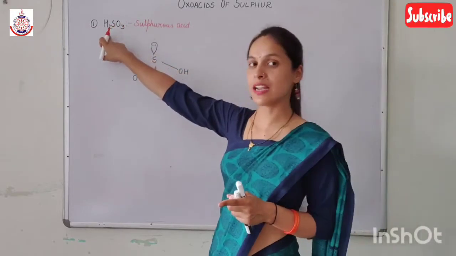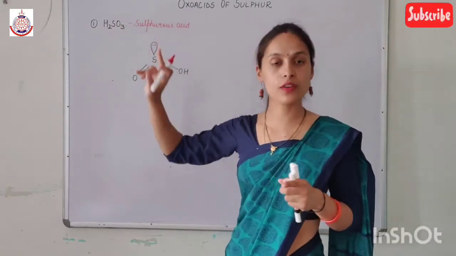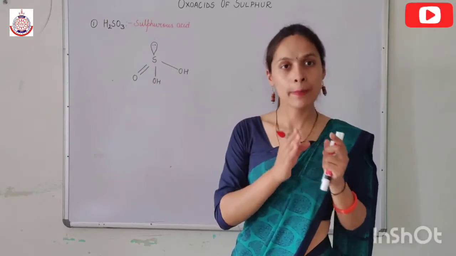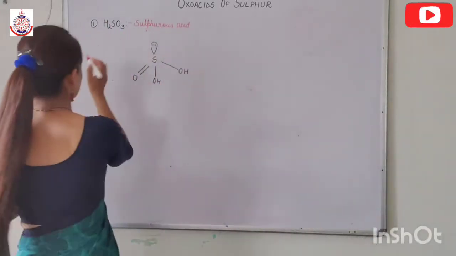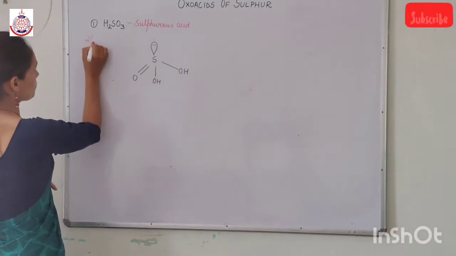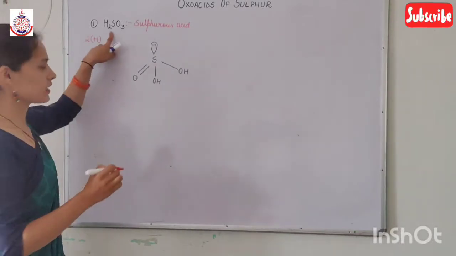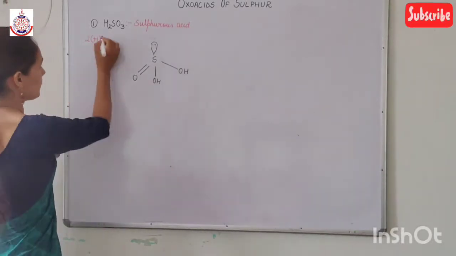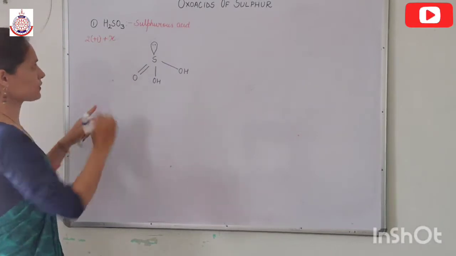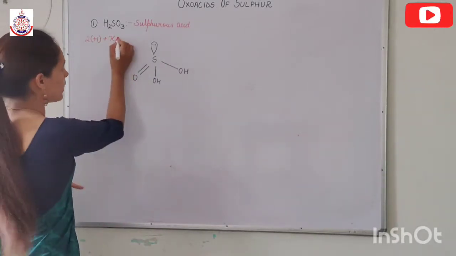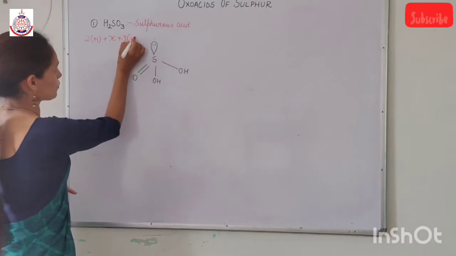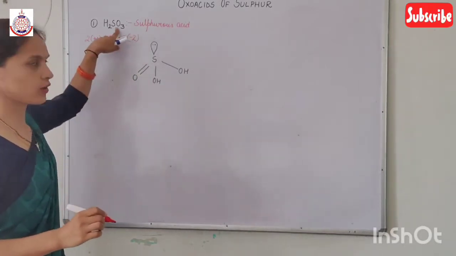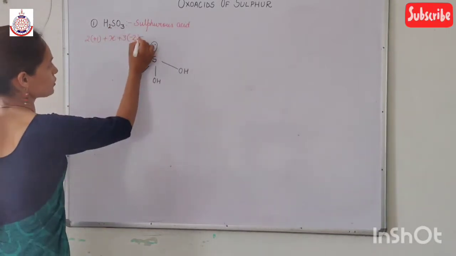So here, 2 into plus 1, because I have 2 hydrogens, plus let the oxidation state of sulfur be X, plus 3 into minus 2, the oxidation state of oxygen, equals 0.